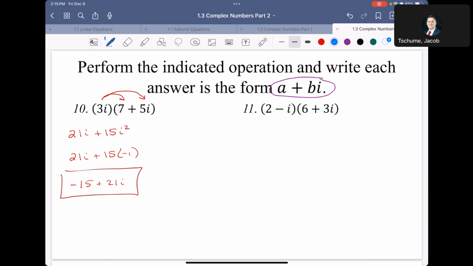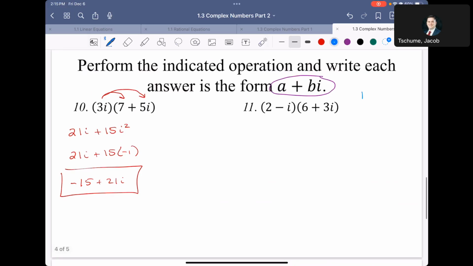So distribution works. You also need to remember your basic FOIL technique. So what if you multiply 2 minus i times 6 plus 3i? Well, you'll go back and remember from previous classes your FOIL technique. So you will multiply your first terms together. 2 times 6 gives me 12.